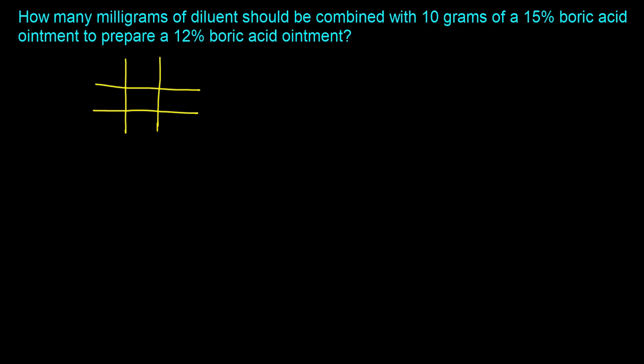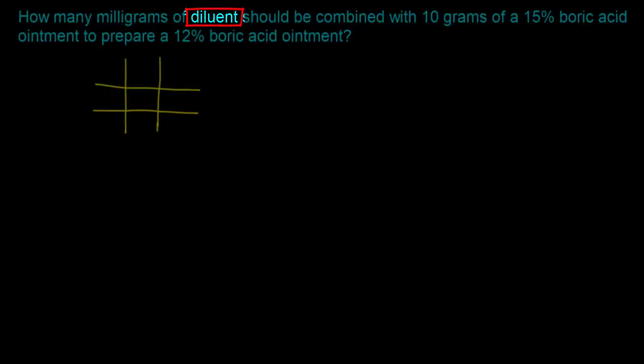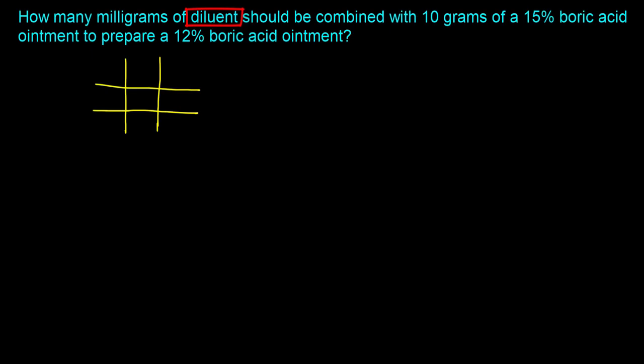So this question is saying how many milligrams of diluent. The key word here is diluent. What it tells us is we are going to take the 15% boric acid ointment and lower the concentration, which means the concentration of the additional component should be lower than 12% for sure.